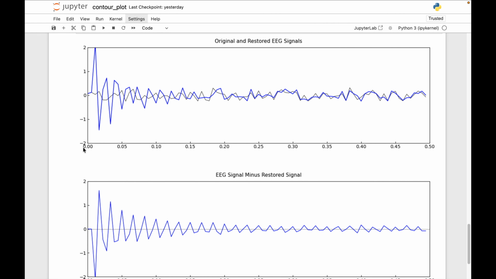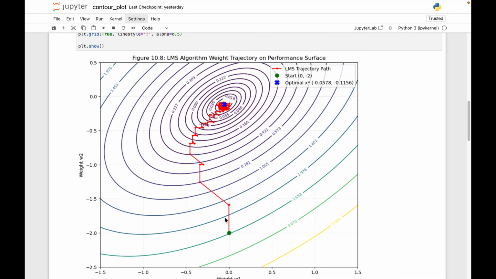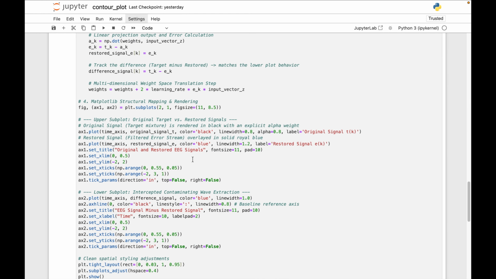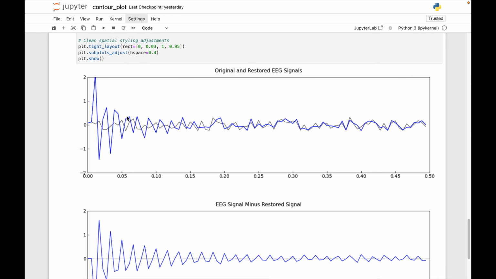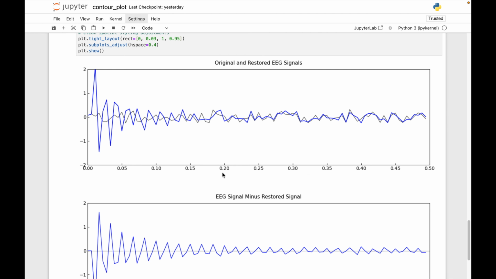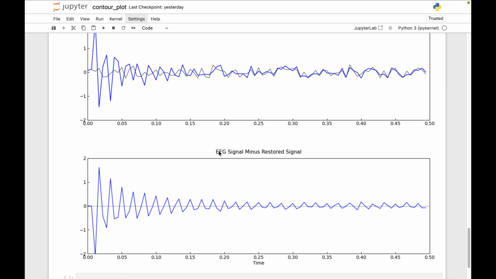So for the first 0.05 seconds, the blue line looks chaotic as the weights undergo rapid changes. If you look at the contours, they change drastically, and that's why this is jumping around in the initial learning phase. But by the time we hit 0.2 seconds right here, that's when the weights have found the bottom of the bowl, and the filter is then tracking the wall outlet noise perfectly and subtracting it.